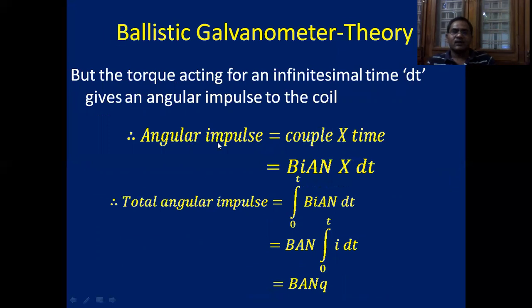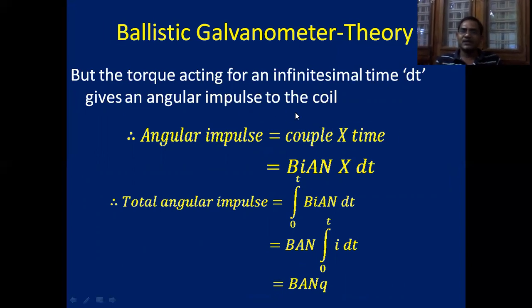Now, the torque acting for an infinitesimal time dt gives the angular impulse to the coil. Therefore, angular impulse equals the couple into time. What is the formula? Angular impulse is equal to torque τ into the time duration dt, so the couple is BIAN into dt.